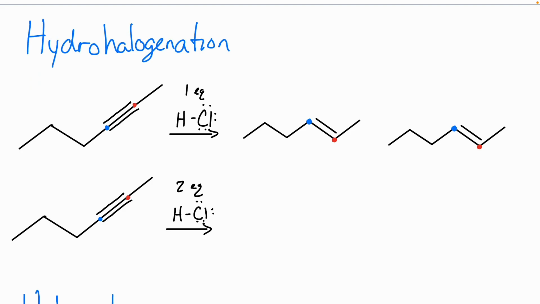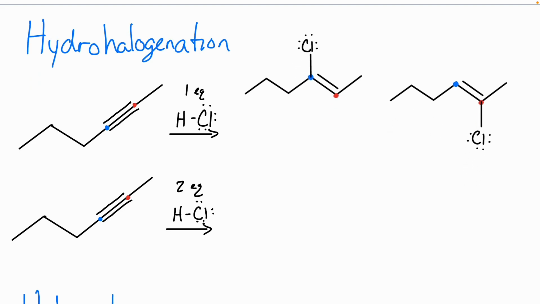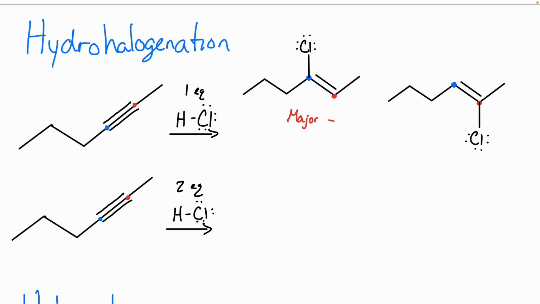Okay, so I'm going to draw one where the chlorine is coming off of the blue carbon, and one where the chlorine is coming off of the red carbon. Okay, but these would be the major products because, and actually let me draw in my hydrogen explicitly.